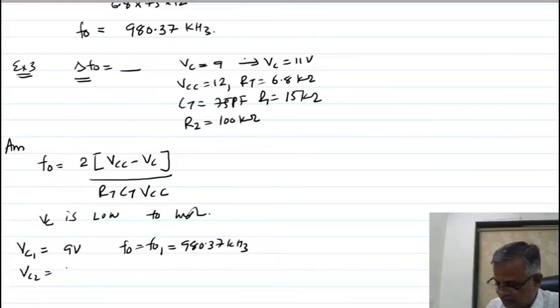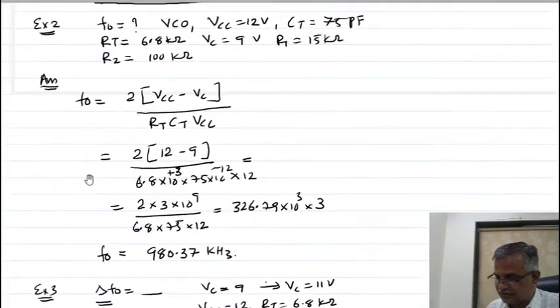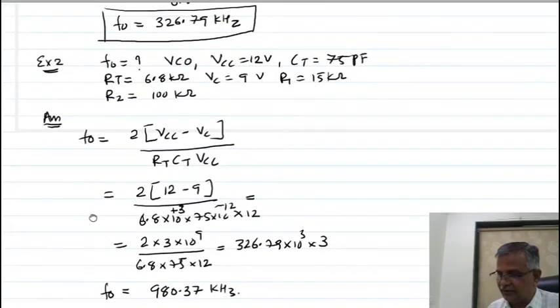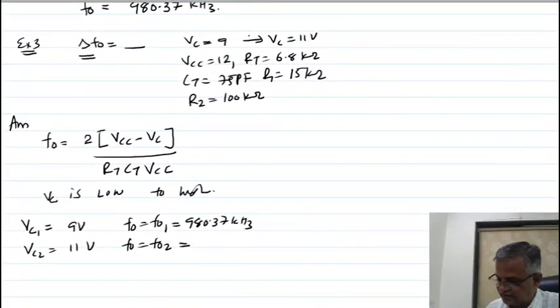As VC2 is 11, FO2 is nothing but 326.79 kilohertz. So change in the frequency of oscillation is FO1 minus FO2.